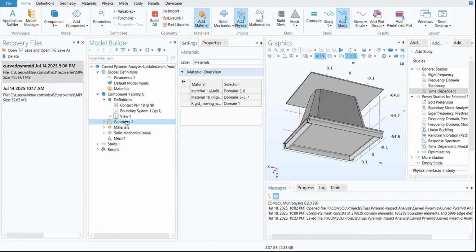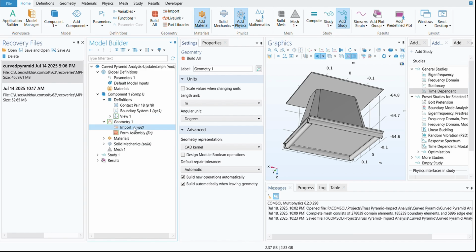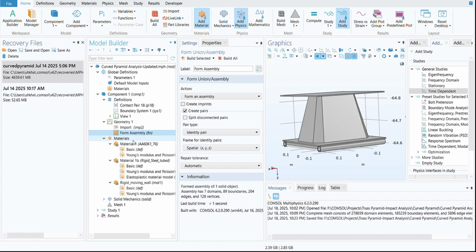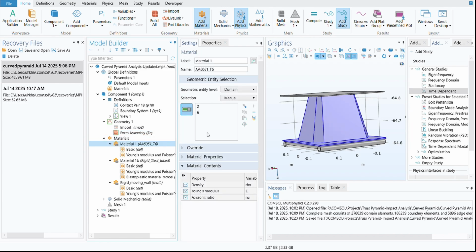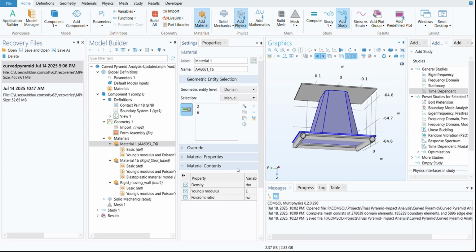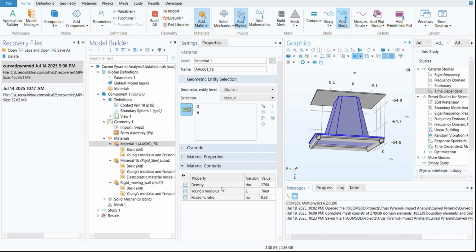So this is our geometry, which we have imported and created as a form assembly. And for the material, we have selected the material for our pyramid, and this is our fixed base plate, having this density, Young's modulus and Poisson's ratio, which is from the material library usually.